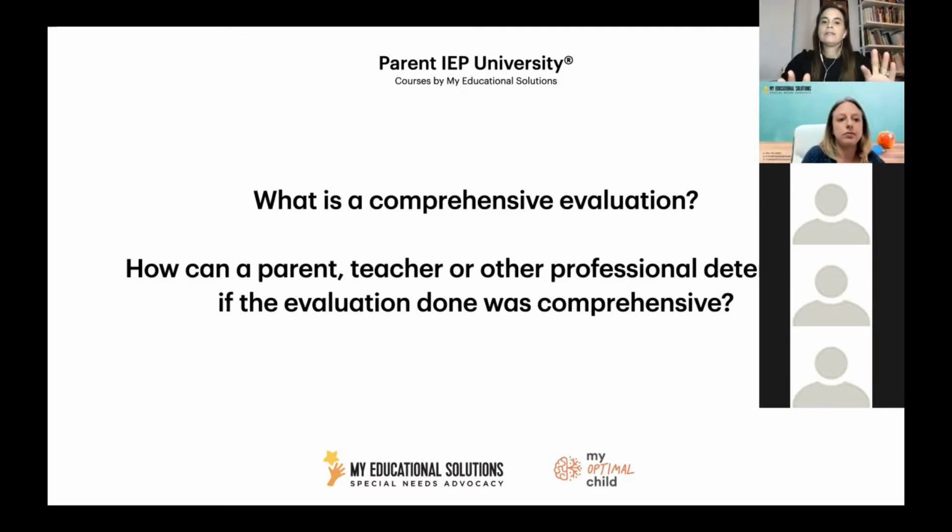Typically, at least, you should take into account the intellectual functioning. You should take into account different cognitive skills such as attention, processing, auditory processing, visual processing. You should definitely take into account all the academic domains, from reading comprehension, reading fluency, math, academic fluency, writing skills. You should also take into account the visual spatial processing.